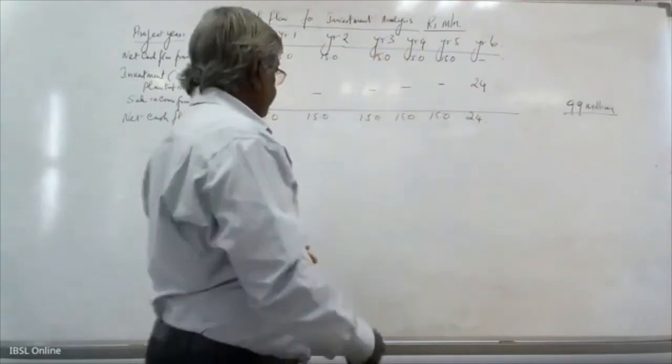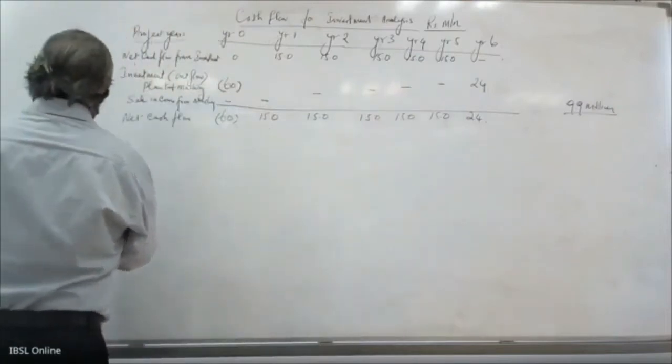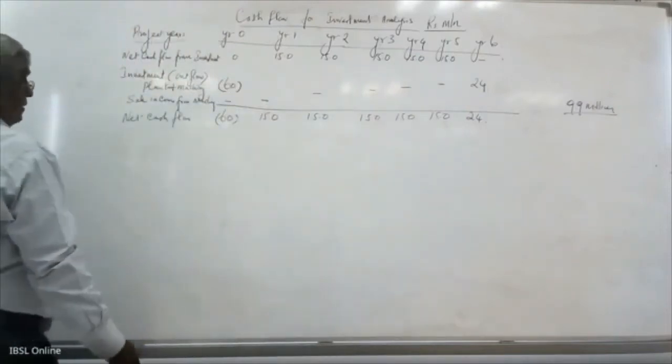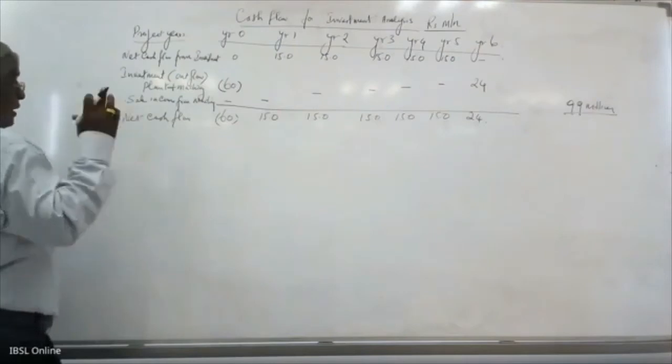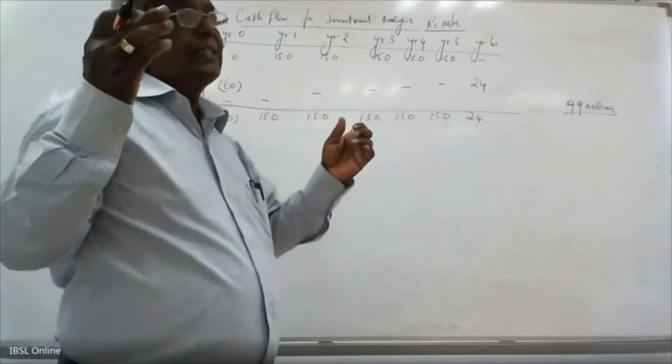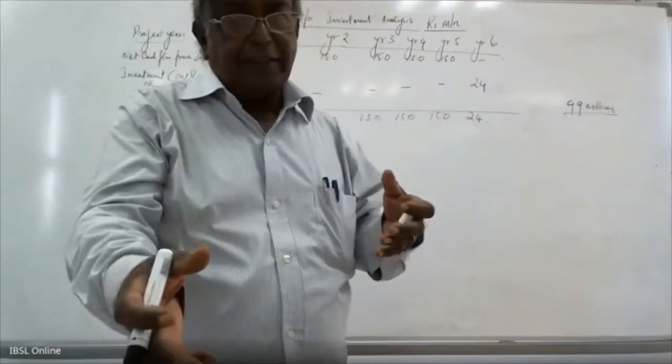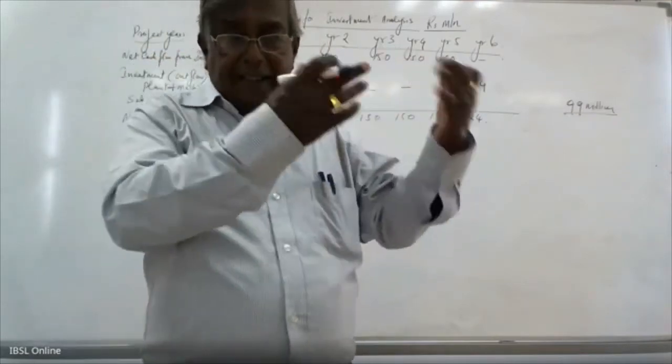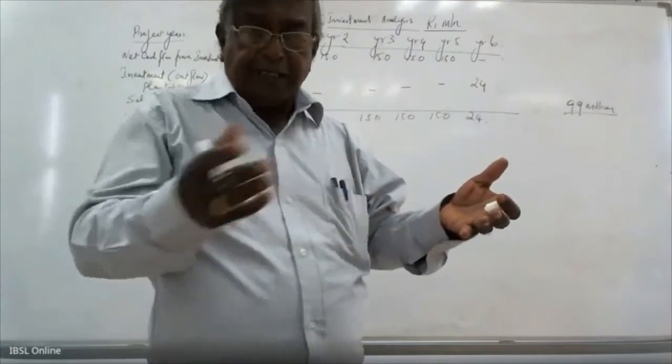Then it's fine. So first, of course, you calculate the discounting factor. We have already seen, then multiply the future value by the discounting factor.